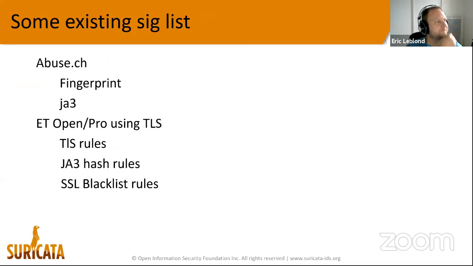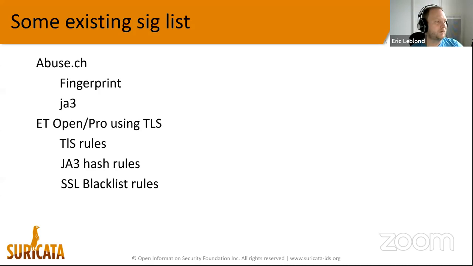Next, please. There are some existing signature lists that are available publicly. In some cases, you need to pay for them too, like ET Pro, that contain really interesting usage of TLS. For instance, two free interesting ones are from abuse.ch, which publishes fingerprints of command and control from malware found in the wild.